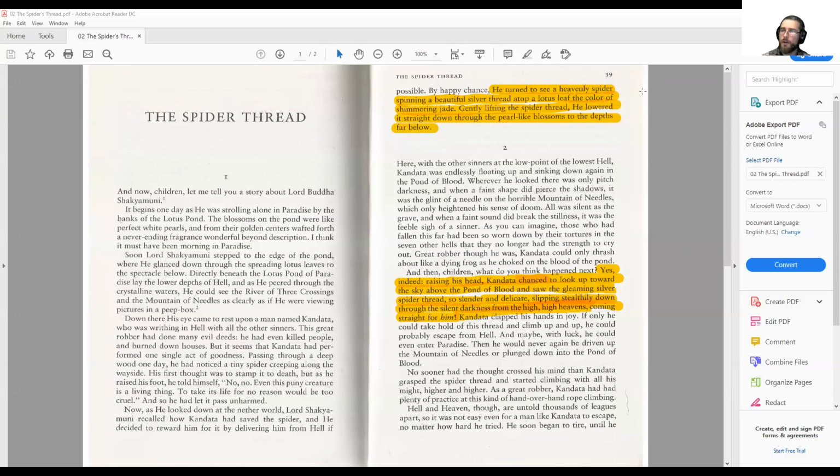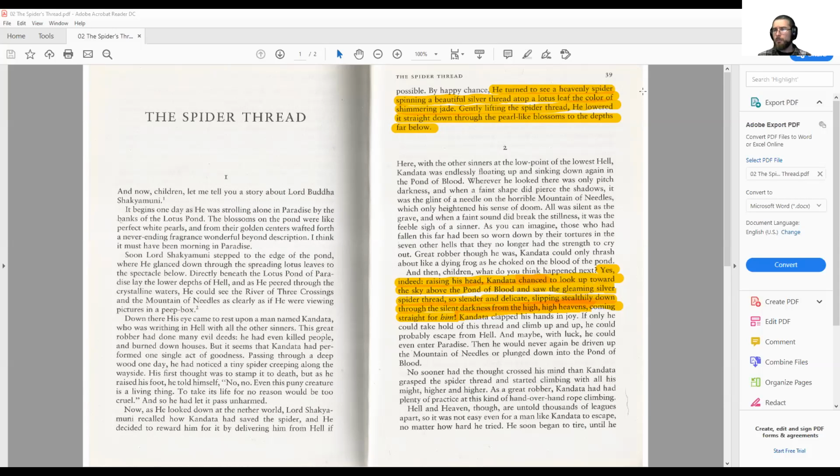When I think of silver, I conceive of something that is rare and precious, incorruptible and beautiful. So if the spider thread, as we know from our analysis of Kandata's reaction to it and the role of the spider thread in the plot, represents hope, then perhaps the story itself is, through the connotations of the words connected to the spider thread, indicating to us that hope itself is marvelous, precious, the most beautiful thing in the world.